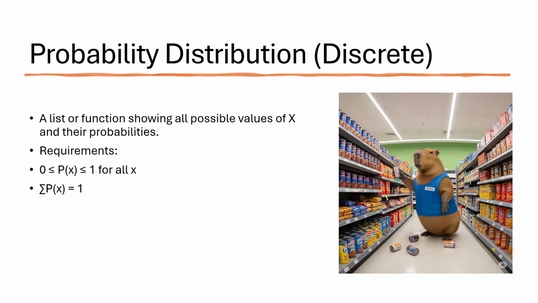Second, the probabilities must add up to exactly 1. If those rules aren't followed, it's not a valid distribution. The list allows us to make inferences and decisions, like choosing a product to stock based on expected sales.